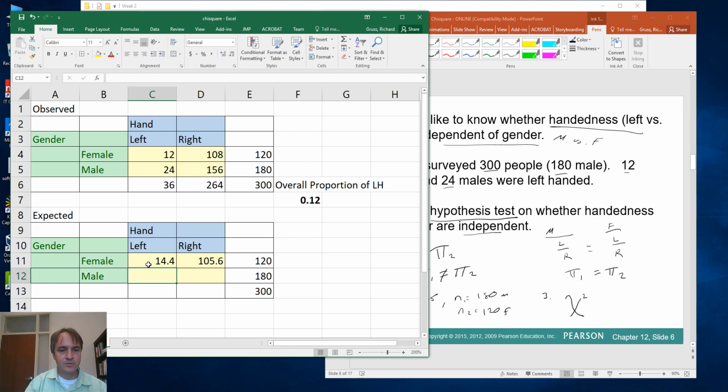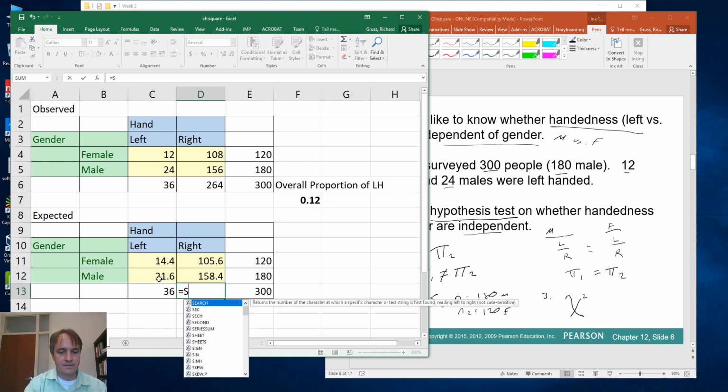Likewise, we would expect 12% of the 180 to be left-handed, so we'll do overall proportion times that 180. So we would expect 21 males. And then this is just going to be that 180 minus that amount. These sums should be the same because of the way we calculated, but we can check that. It's just the sum of these.